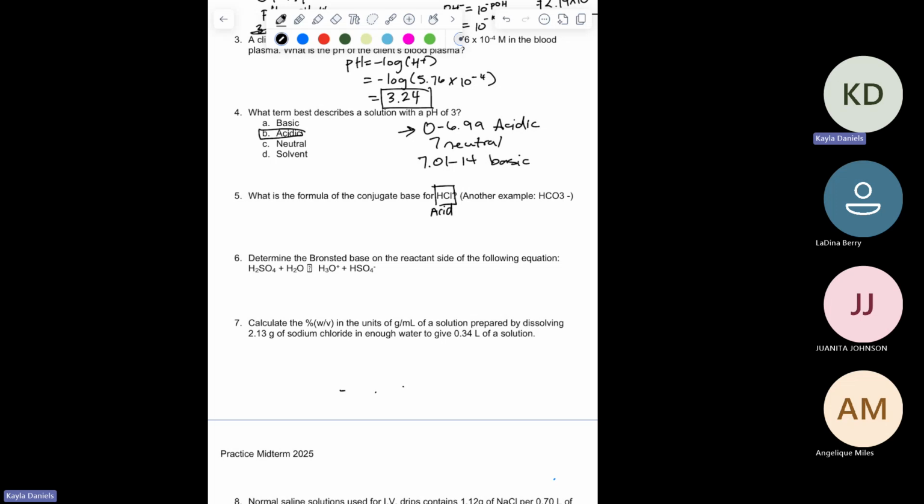So the formula of the conjugate base after it gives up a hydrogen would be Cl minus, because right now HCl is neutral. When we take away one of those H's, it's going to have a positive charge. So we go from neutral to losing a positive, which makes us Cl minus.